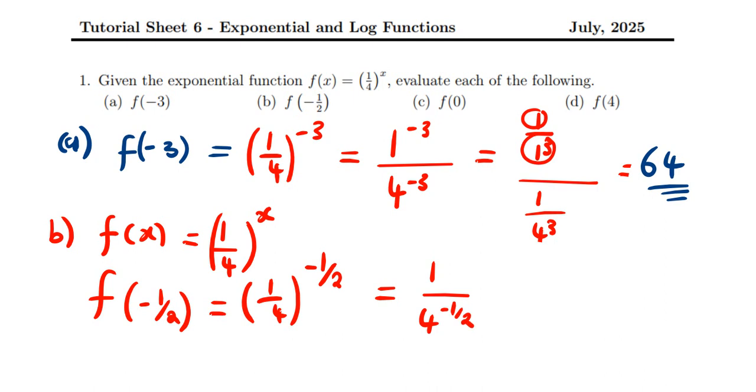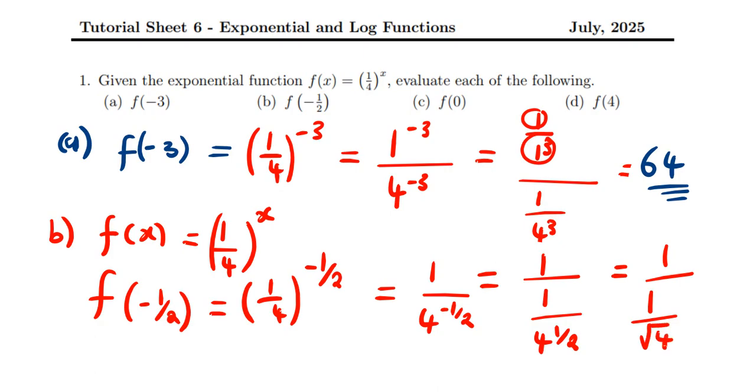So I'm going to have a 1 over, now 4 to the power negative half is the same as 1 over 4 to the power half itself. Now when I simplify this, 1 on top remains. Now 4 to the power half is just the same as the square root of 4, and the square root of 4 is just 2.